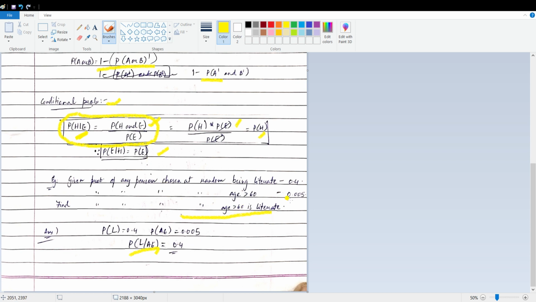That is, you do not have to worry about this probability here. This is the only thing that is of our interest here. So this can be written as 0.4. P of L given A6 is nothing but P of L. It's pretty much simple.